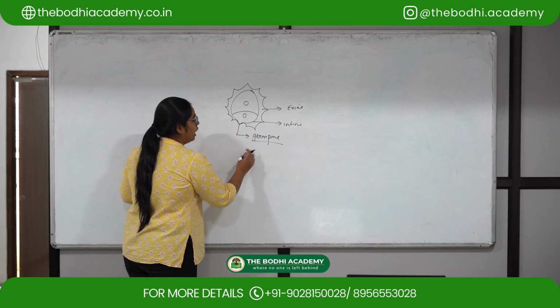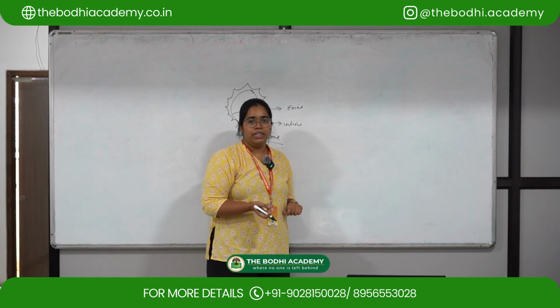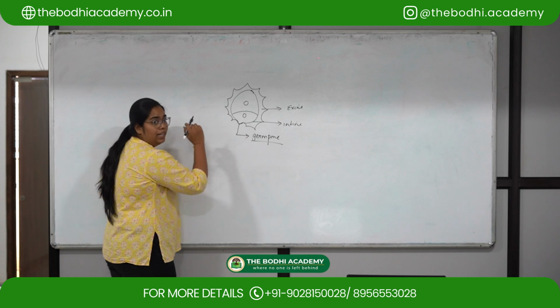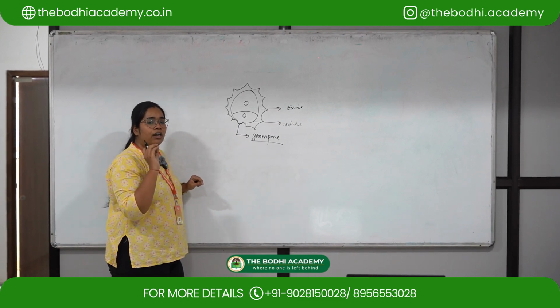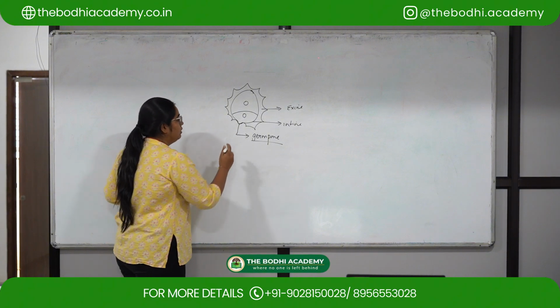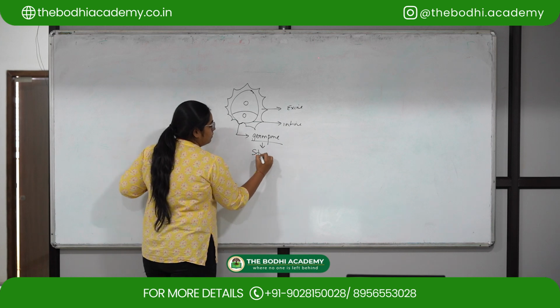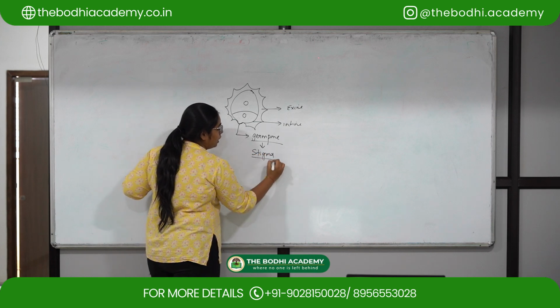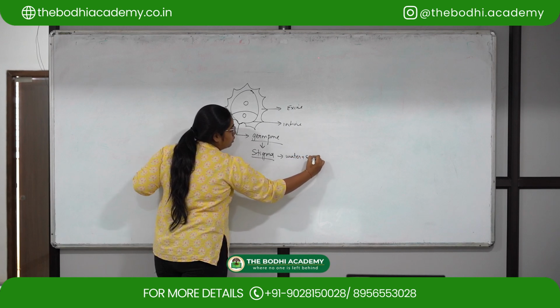So the second part of the question is, how do they help in germination? So how does the germ pore help in germination? As it does not have any covering, what happens is when this germ pore comes in contact with the stigma, the stigma will secrete water plus sugar.